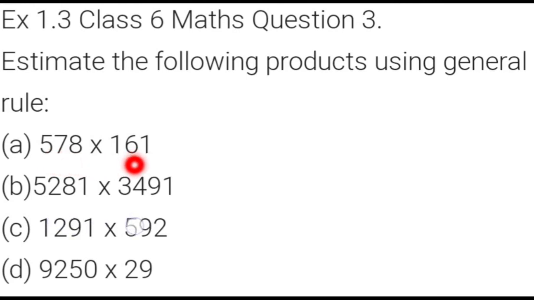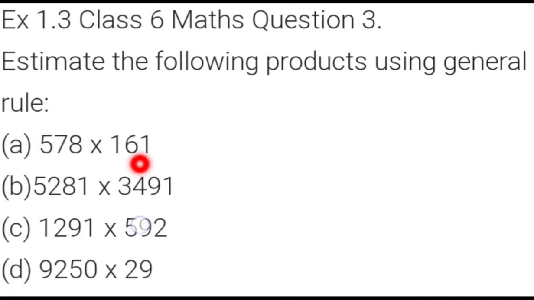Now look toward this. This is 161. 161, if we are going to round it off, it is between 160 and 170. Right? So 170 we round it off. First of all, we round it off towards tens. As we round it off towards 10, 170 comes, and 170 lie between 100 and 200, and 170 is very close to 200.